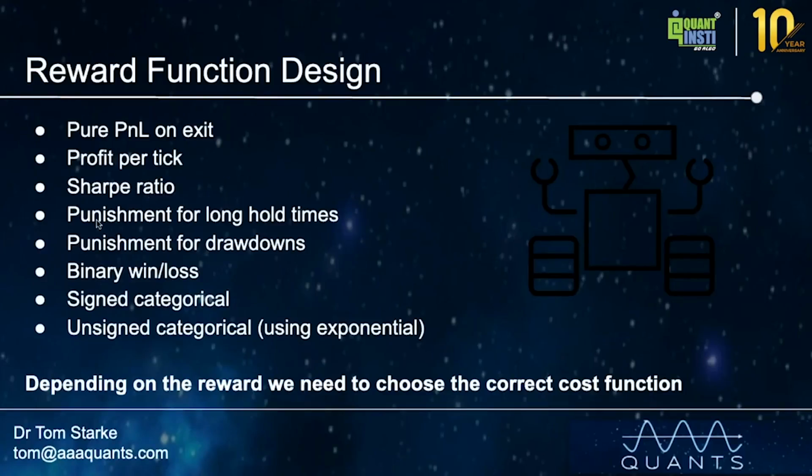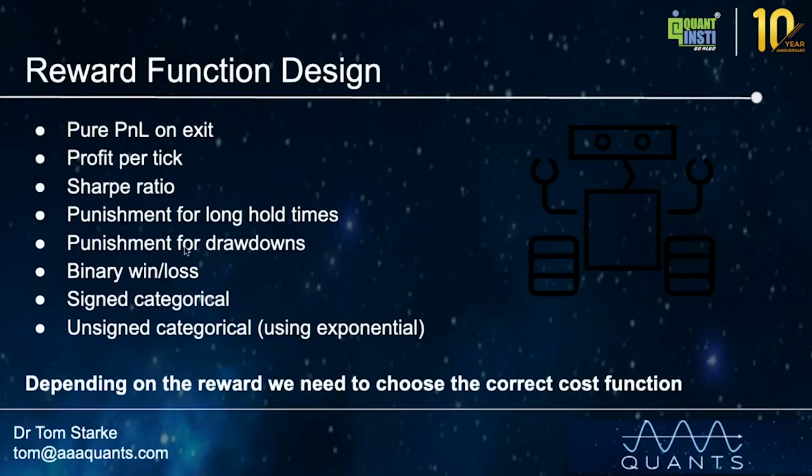Then another way to design a reward function is to punish our learning engine for long hold times. As I said, we might just get into a buy and hold regime, but we don't want this. So we use our pure P&L, for example, but for every time step that we stay longer in a trade than we would like to be, we punish our P&L by some value.